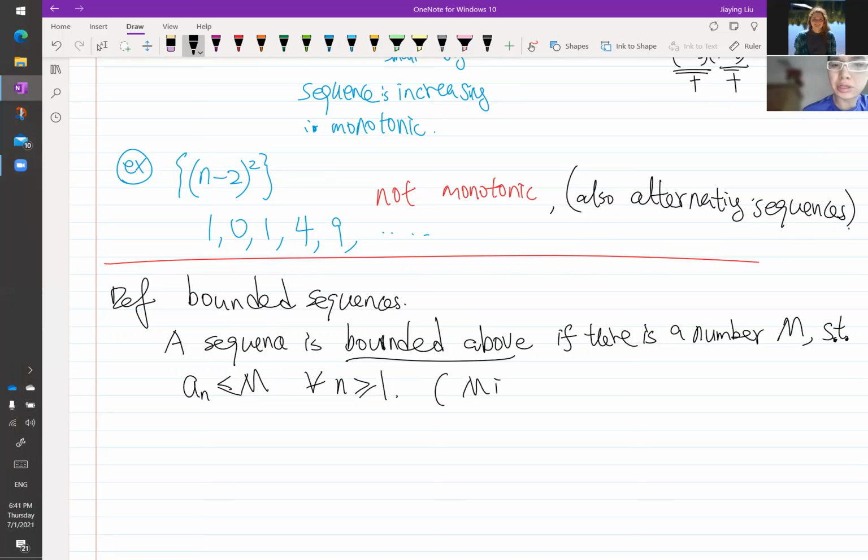M is called the upper bound of the sequence.